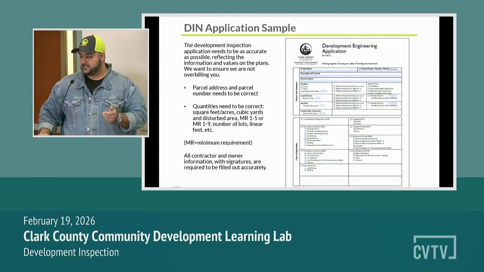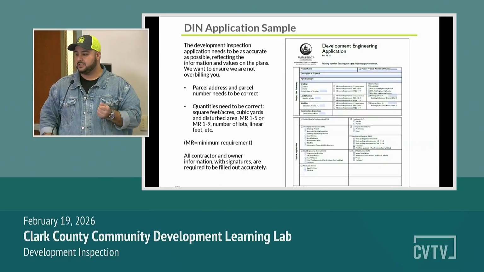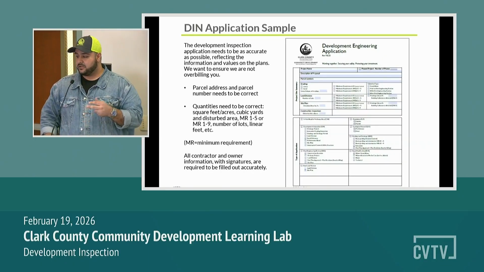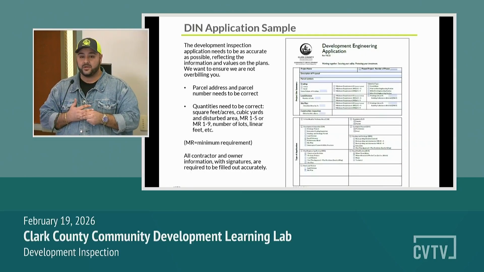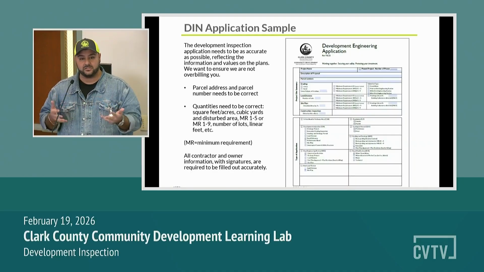The DIN application sample looks just like this one on the right. The development inspection application needs to be as accurate as possible. And it needs to reflect all the information, the values on the plans. We want to ensure that we're not overbilling you. This is crucial for me. I'm very, very picky, if you will, but it's to your best interest.